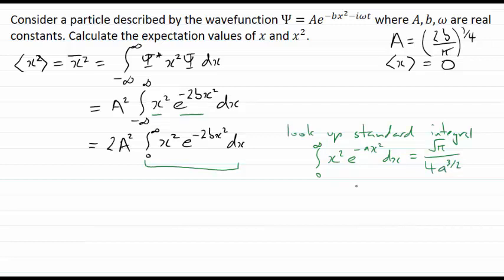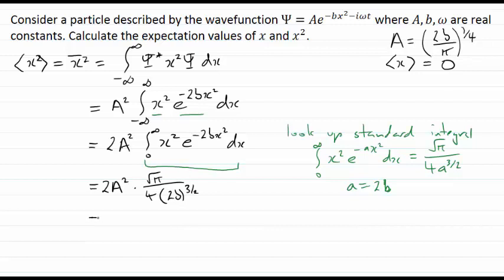And you can see that in my example, this quantity a is actually going to be 2b. So doing this again, I'll end up with 2 times A squared. Now this integral will be root pi divided by 4 times 2b to the 3/2.